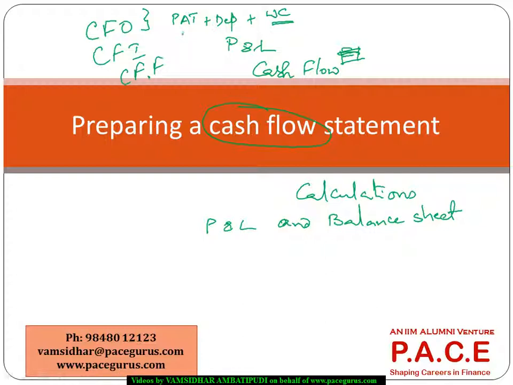So if I don't have any, on a simplistic note, I can go with PAT plus depreciation as the cash flow from operations. Otherwise, I can think of the lease deposit, the extra cash that we are paying as part of the lease deposit, and take it into the cash flow from operations.